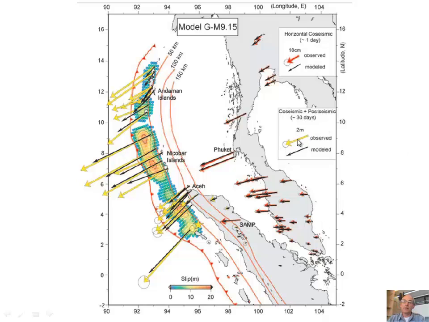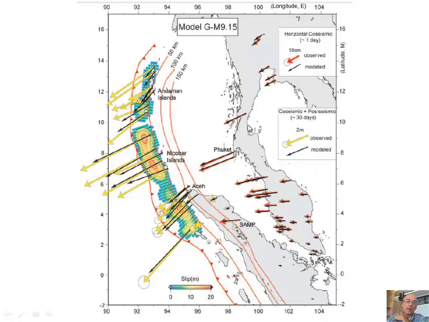The observations are the yellow lines, and the models are black. And this is coseismic, so it's just after the earthquake, as far as they could be sure. No, the red is coseismic, the yellow is coseismic plus 30 days.